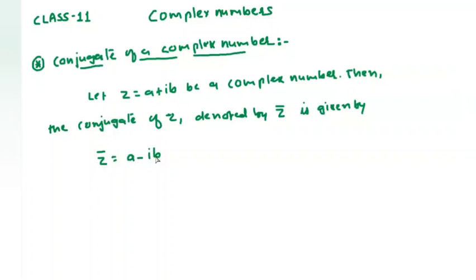Clear? So if a plus ib is a complex number, then a minus ib will be its conjugate.